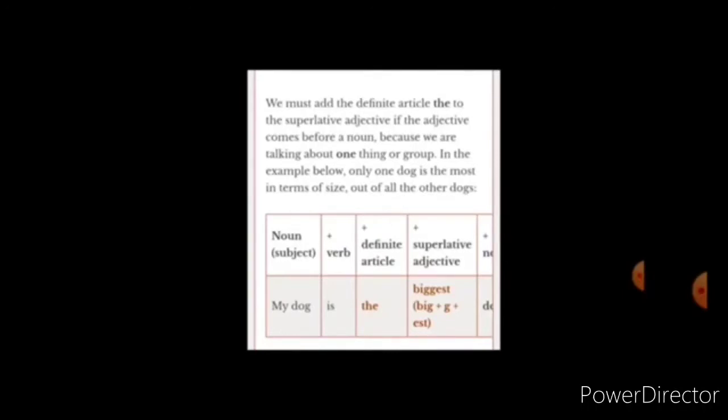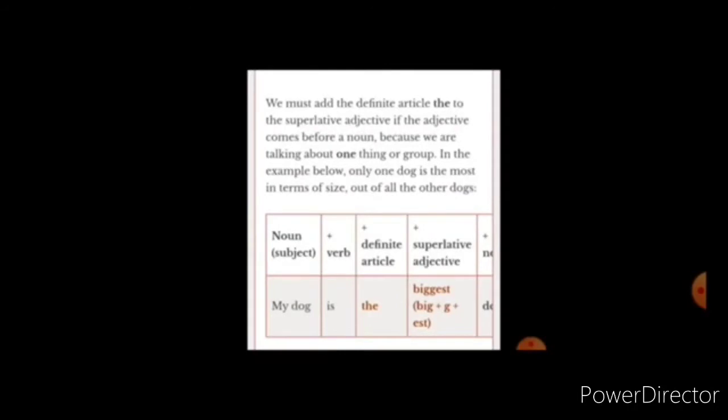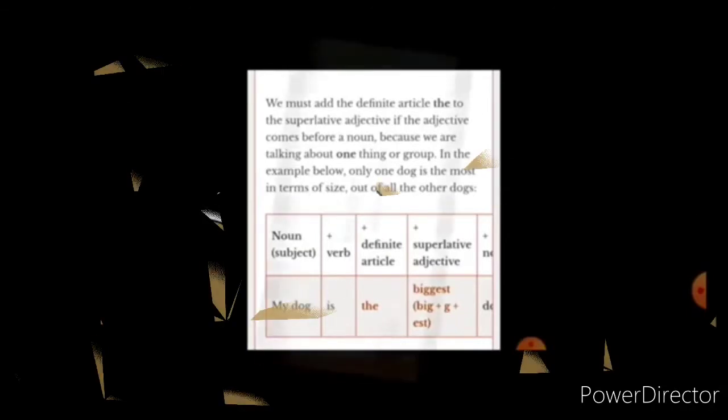So see here, noun, my dog, is the verb, definite article the, superlative adjective, that is biggest. And the last one, all the other dogs. So the example is, my dog is the biggest dog of all the other dogs. So here we are comparing only one dog. So children, the definite article must be used in front of the superlative adjective in the superlative degree.